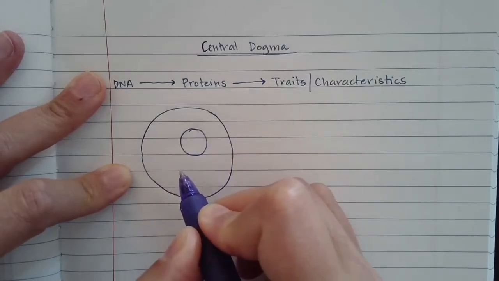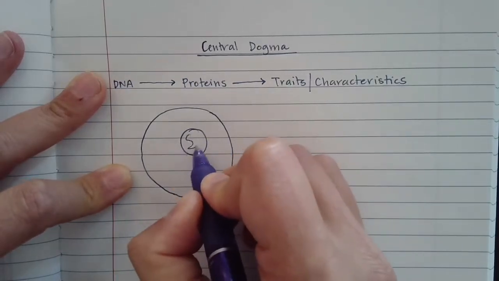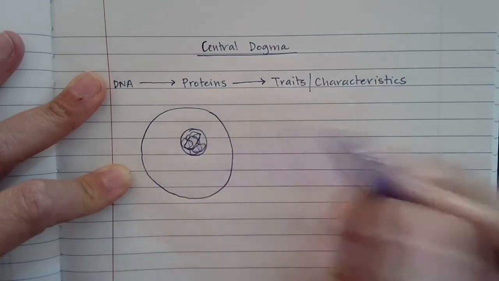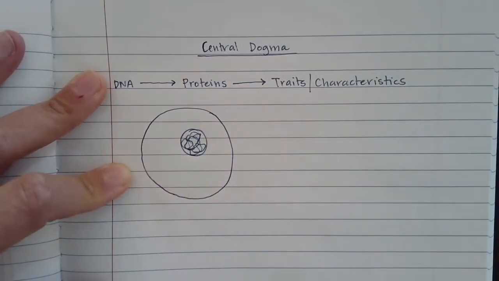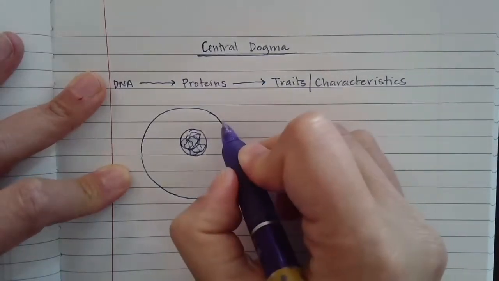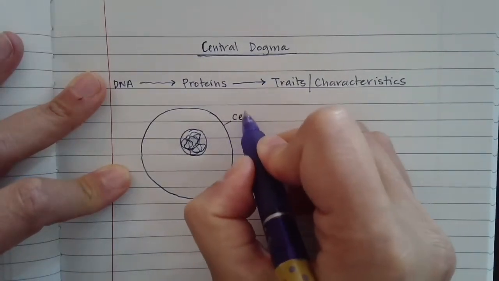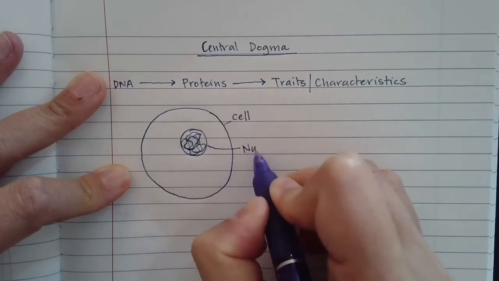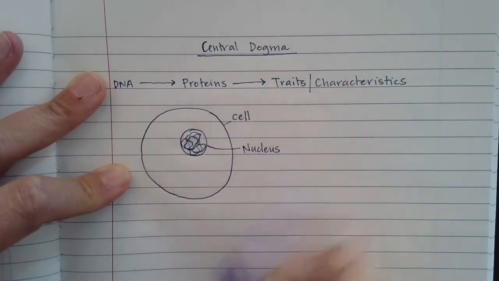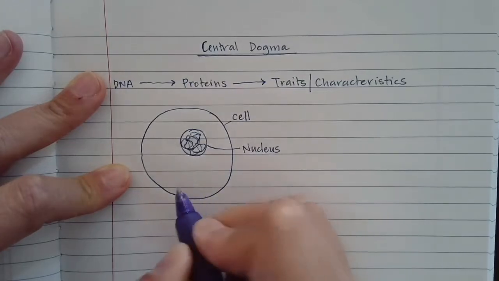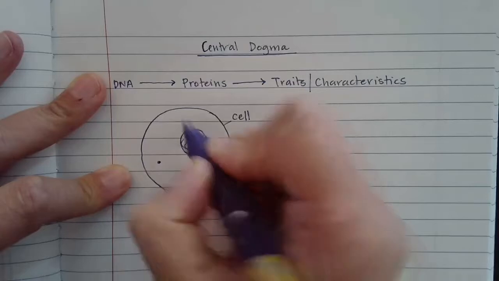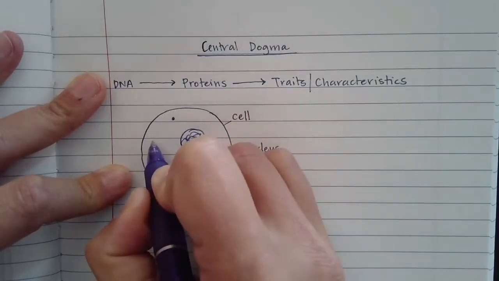Inside of the nucleus, we have DNA, and the DNA is kind of all loose because this cell is in interphase. So we have a cell, we have the nucleus, and then we've got these things called ribosomes. And some of this should be review.